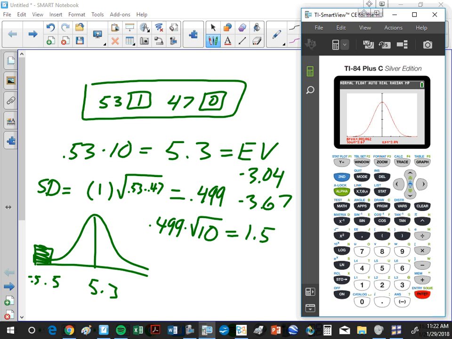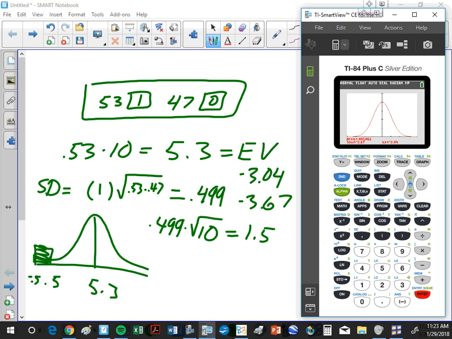Is that what I had? 0.1%. Yep. Hey, I did it right. So what does that mean? If he shoots 10 foul shots 1,000 times, one of those times he'll miss all of them in a row. He has a 1 in 1,000 chance of missing all 10.